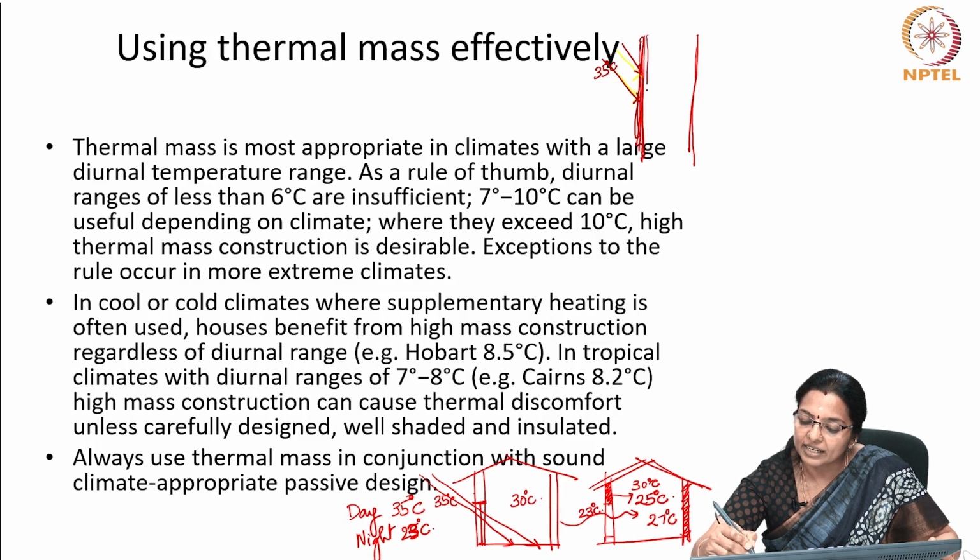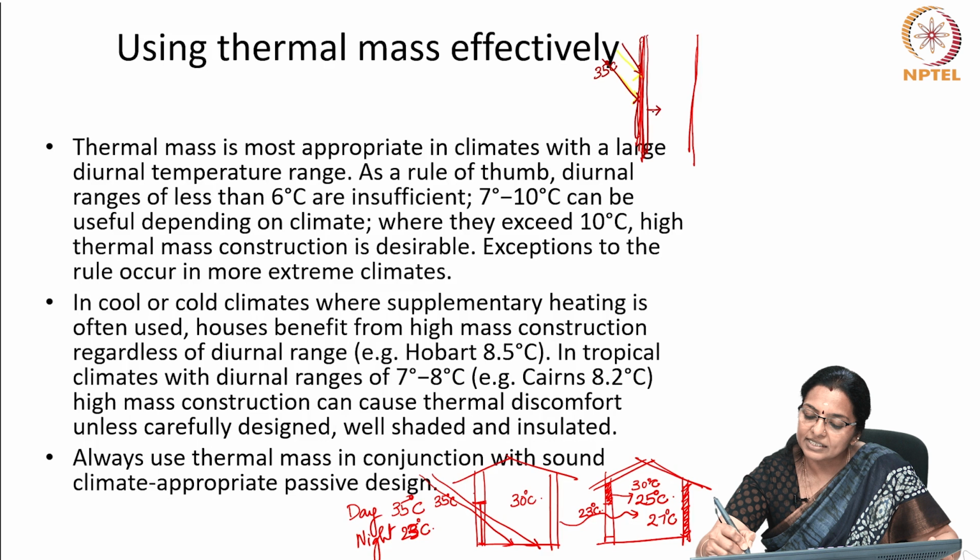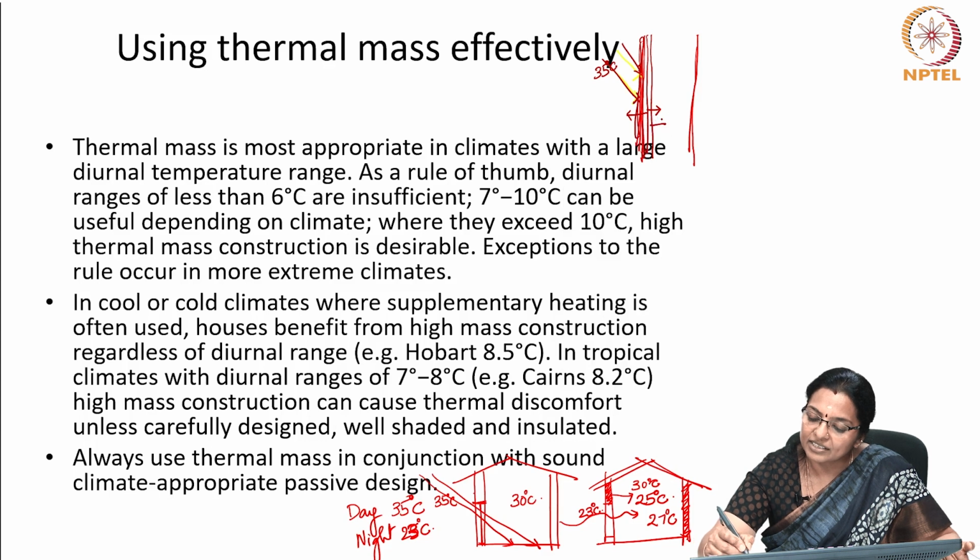The first layer of the wall passes the heat inside and the heat also radiates on the outside. The second layer of the wall gets heated up based on its thermal capacity, and that passes on the heat on the inside and outside.